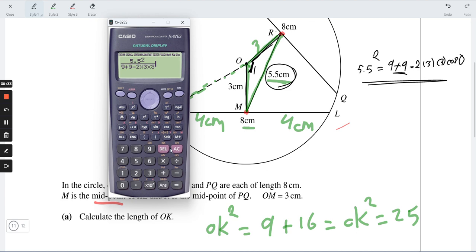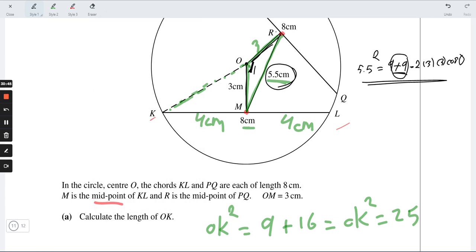Okay, so let's do it again. Sorry for this confusion. 9 plus 9 here is 18.